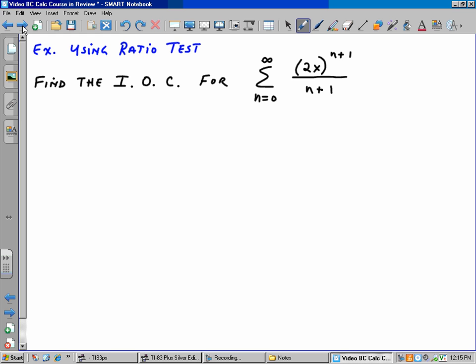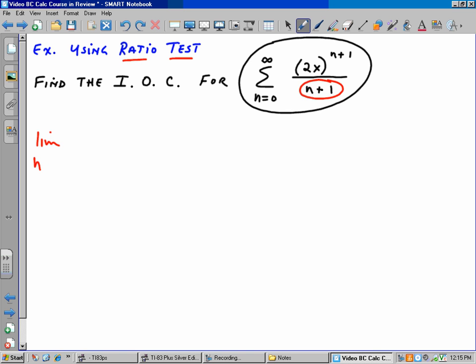So we've got the series 2x to the n plus 1 power over n plus 1, and we want to determine the interval of convergence. The first thing we should do is see if it's geometric by getting a couple of terms, but the denominator is going to ruin the geometricness of this, so we could go straight to the ratio test.